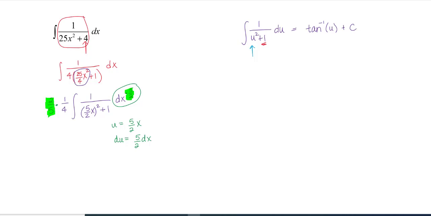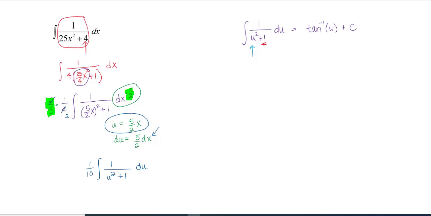So now if I rewrite this, what I have left, fraction-wise, is 1/10 as the coefficient in front of my antiderivative. And then I have 1 over that 5 over 2 times x I called u, so that'll be u squared. And then I have plus 1, and now the 5 halves dx turned into du.